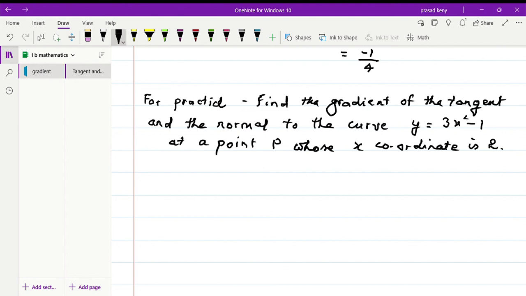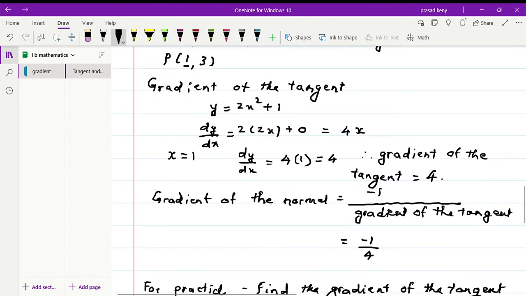And keep it in mind that to find the gradient of the tangent or the normal, you don't need the y coordinate of the point. So just try out this problem.